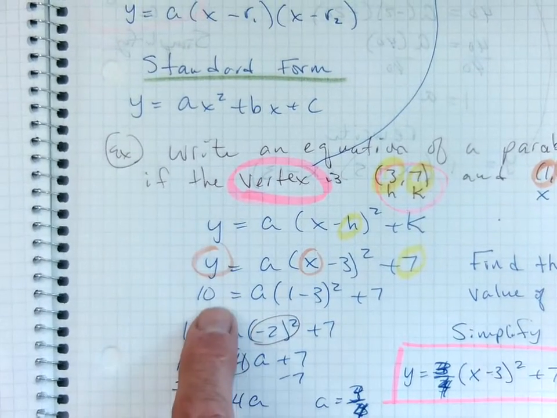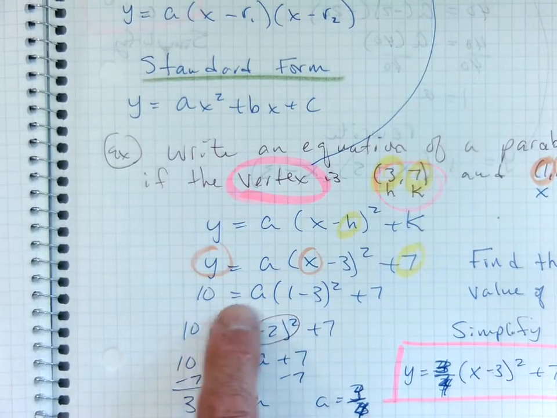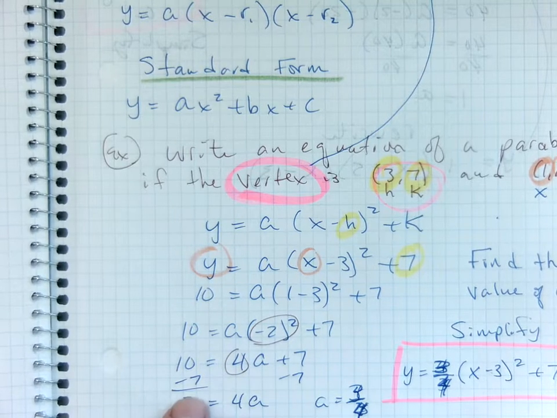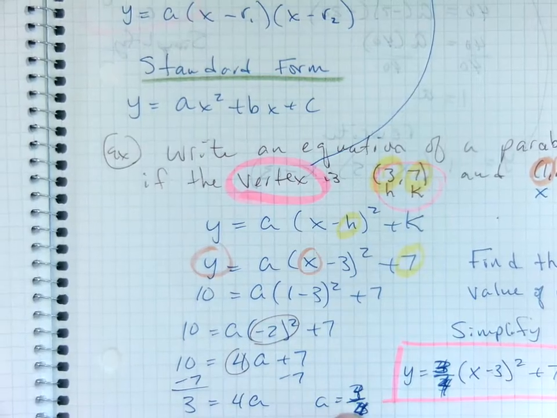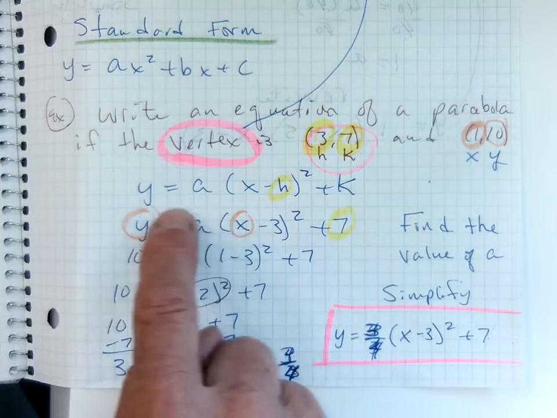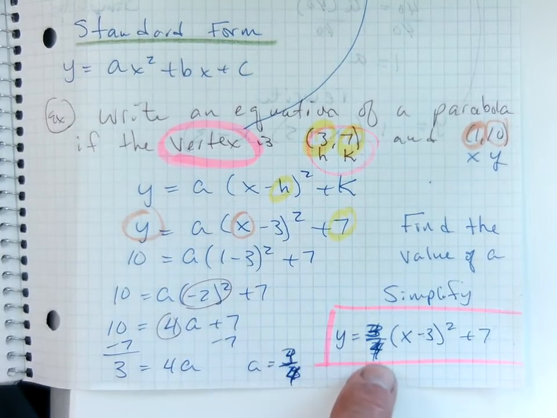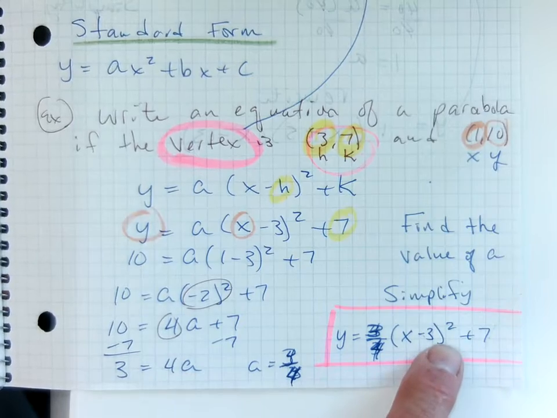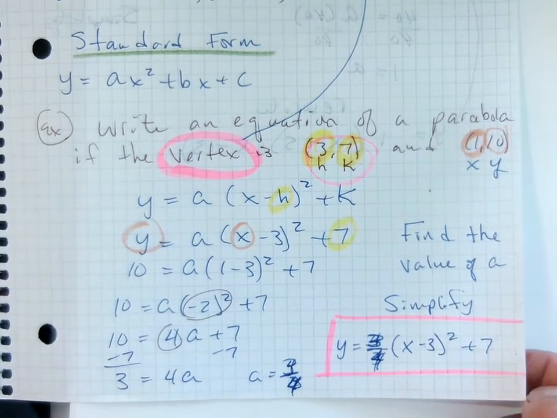Then I solved for a. Negative 2 squared is 4. 10 minus 7 is 3. Divide by 4, and a is 3/4. Then I just rewrite my equation with the value of a: y equals 3/4 (x minus 3) quantity squared plus 7. And that's the answer we got.